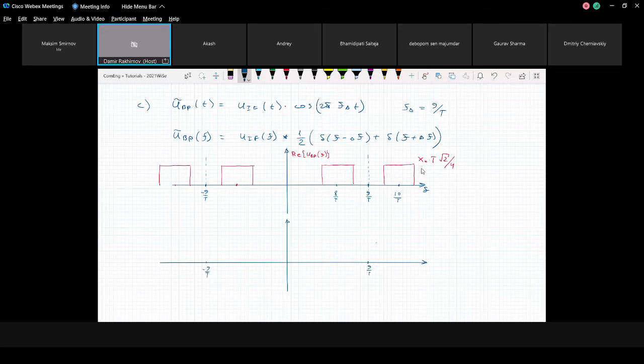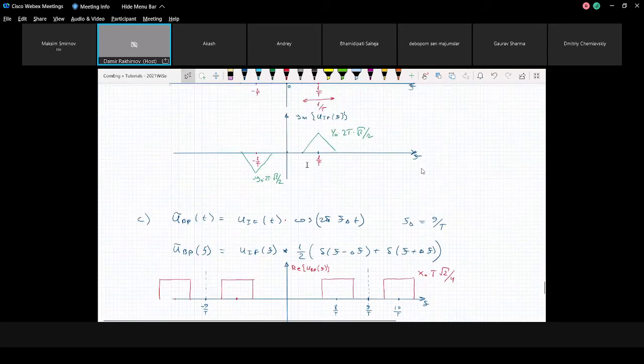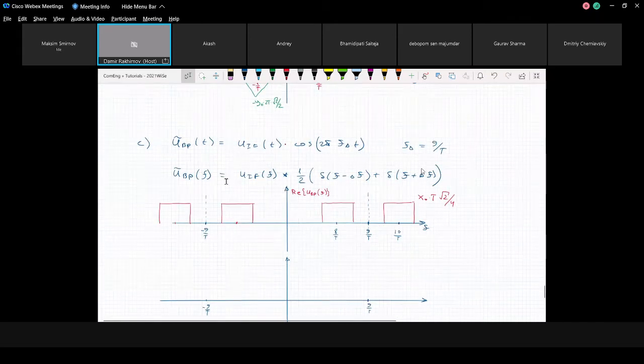And then we have to shift the second part. We have one component at frequency 9/T, another component at frequency 8/T, and at positive 10/T, we have a triangular shape function.